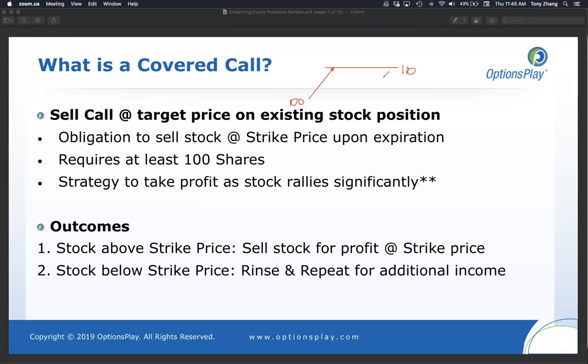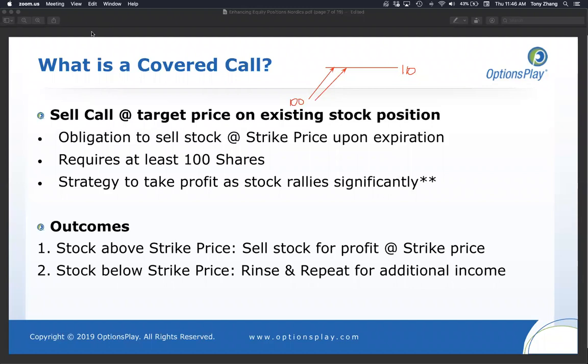And then what you can do is wait for the stock, and the stock can either rise slowly or fast or whatever it is. But once it reaches 110, you exit the stock at 110. So that is what you would typically use as an equity investor. But as an options investor, what can you do? You can sell a covered call at this 110 price. And what does that do?